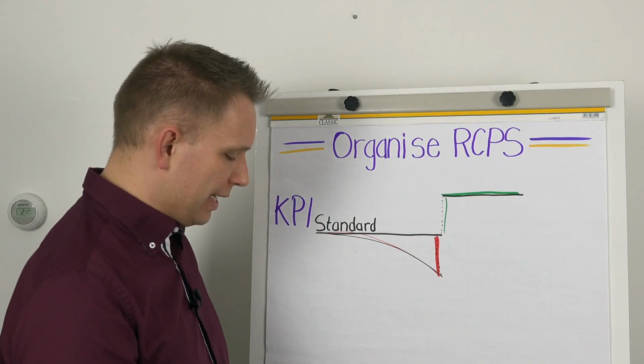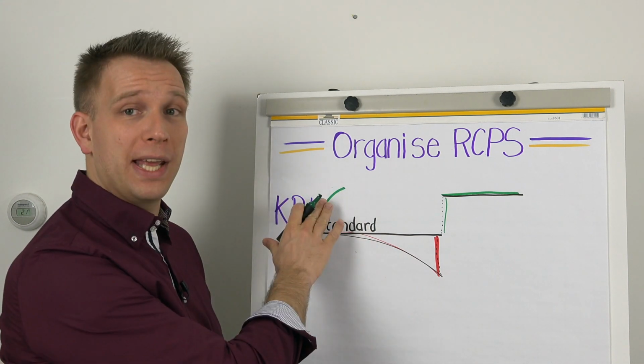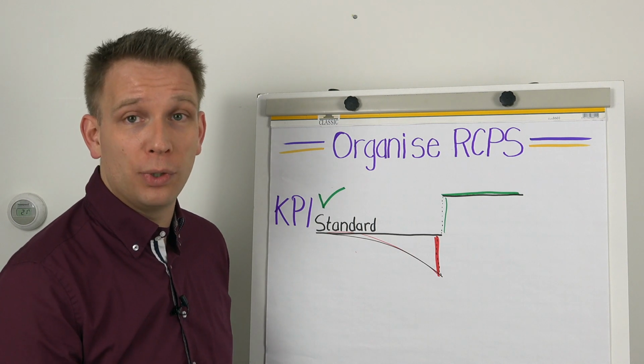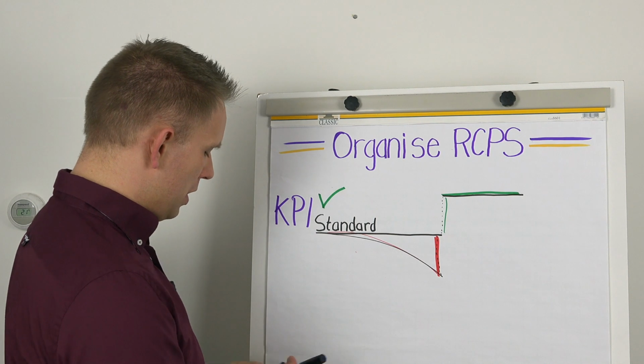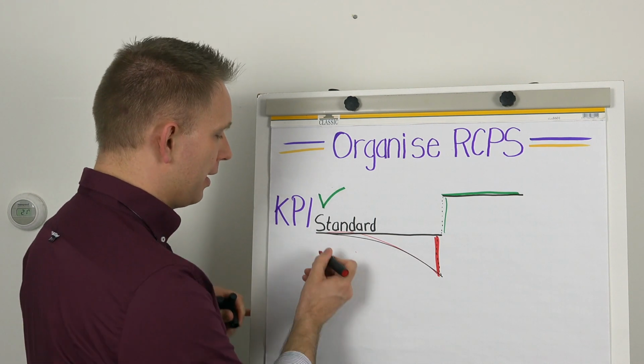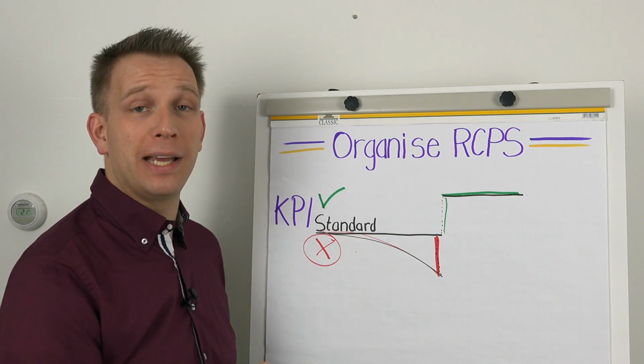And when we see that a KPI is somewhere up to standard, so achieving or exceeding our standard, good, nothing wrong. And of course, when a KPI is not being met, then we have a problem.